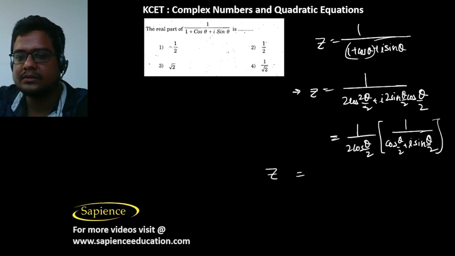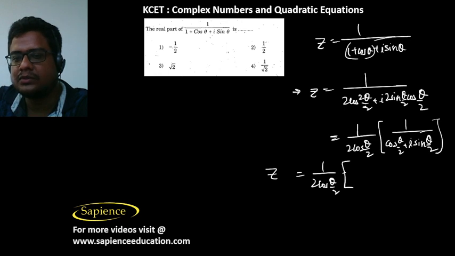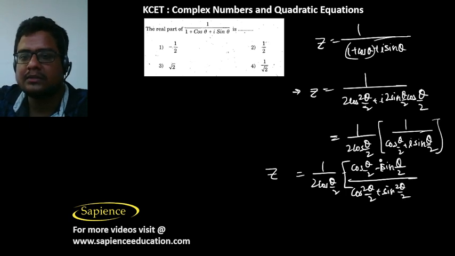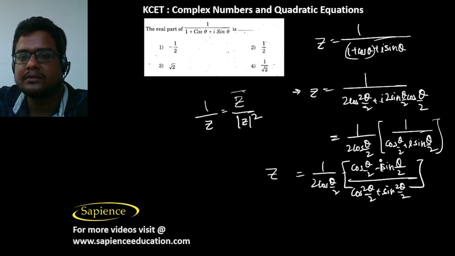So Z is equal to 1 by 2 cos theta by 2, and this can be written as into cos theta by 2 minus I sin theta by 2 divided by cos square theta by 2 plus sin square theta by 2. Since 1 by Z can be written as Z bar by mod Z square.